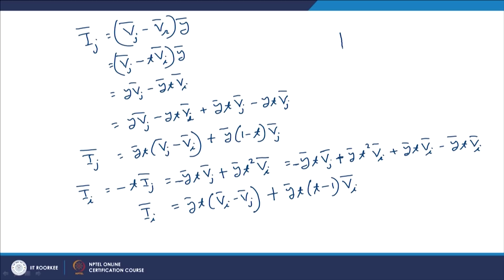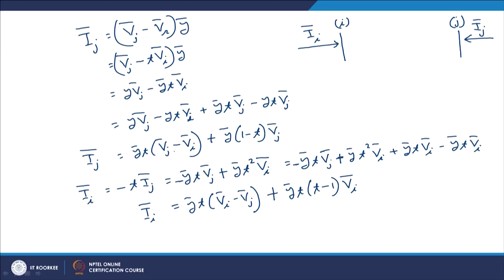So, this is bus i, this is bus j, and let us say the current entering at this point is Ii and the current entering this point is Ij. Now, we can see that the current entering at this point has two parts.